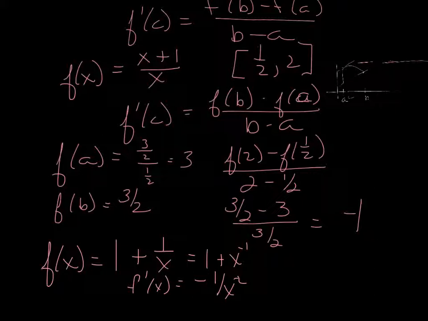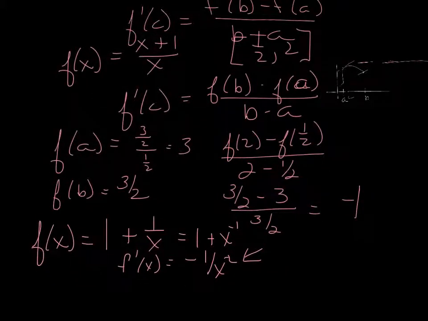Okay, so you can use the quotient rule, but you'll get the same thing. So now we need to know where the instantaneous rate of change, which is this, equals the average rate of change. So I'm going to set them equal to each other.